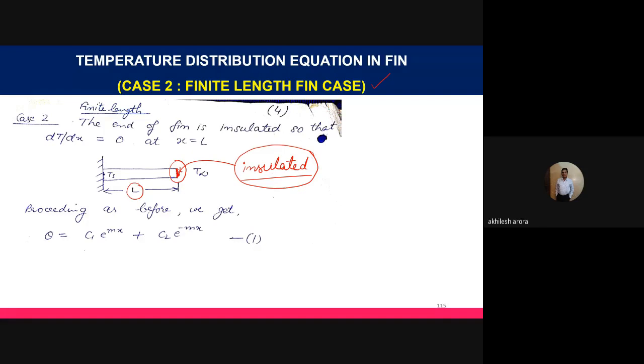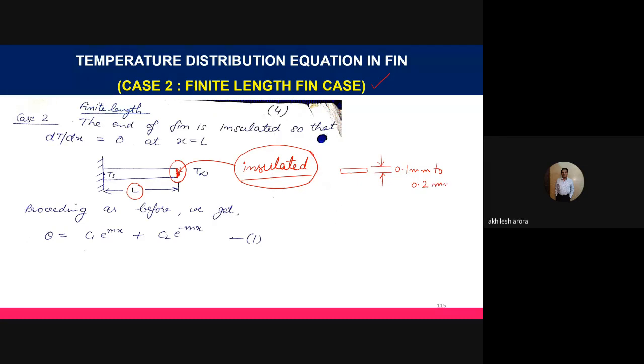If you talk about the thickness of the fin, if I see the side view, if I am considering a rectangular fin, then this is the side view, and this thickness of the fin would be somewhere around 0.1 mm, and it can go up to 0.2 mm.